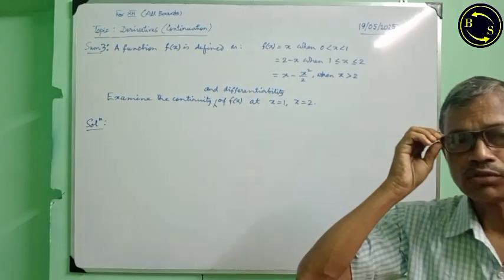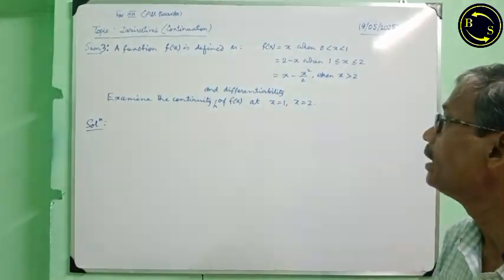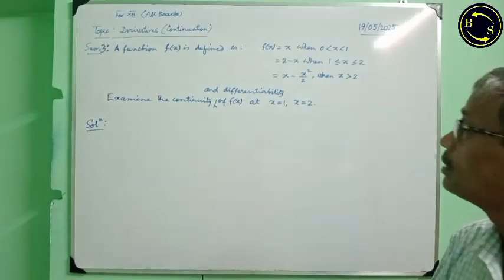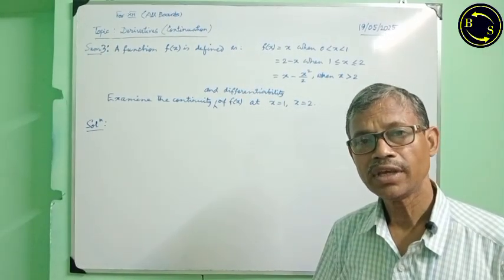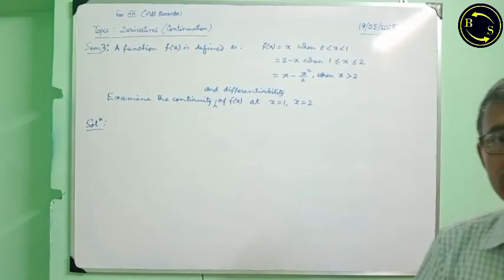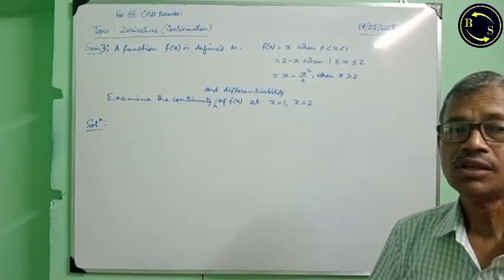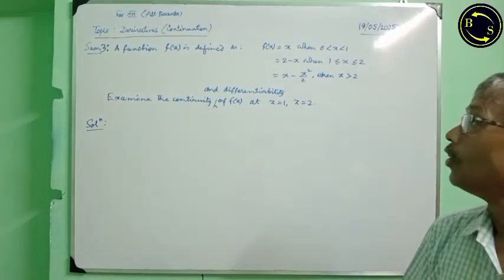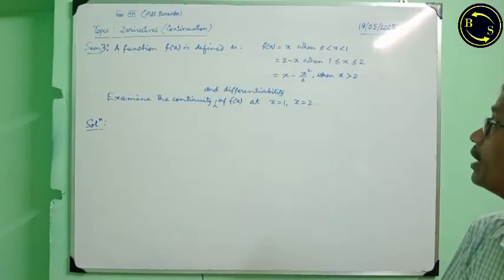A function fx will be continuous at the point x equal to a if left hand limit, that is LHL, is equal to right hand limit, that is RHL, is equal to fa. For that, also for differentiability we need the value of fa.